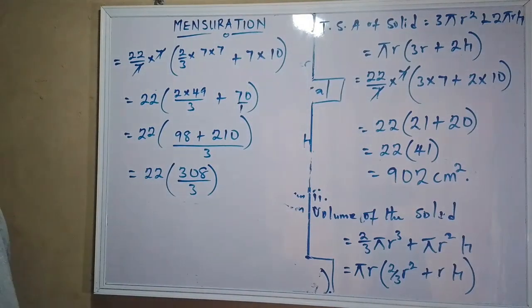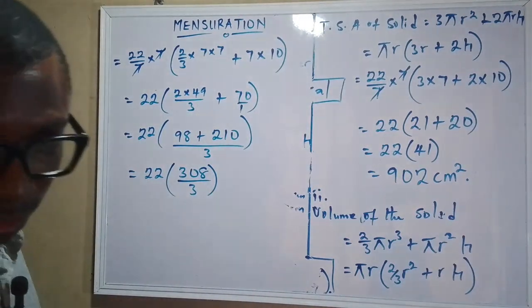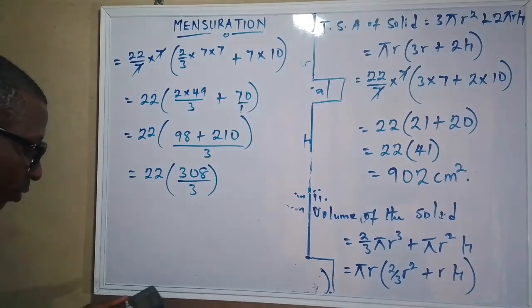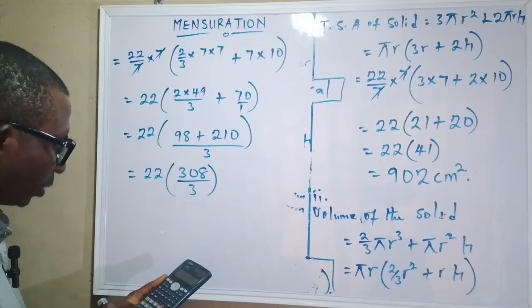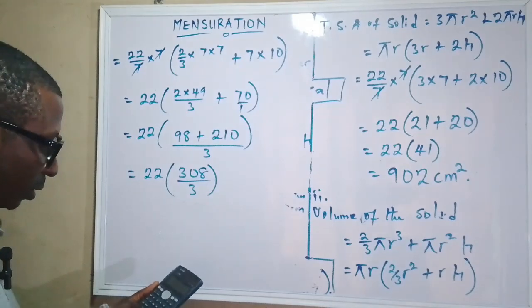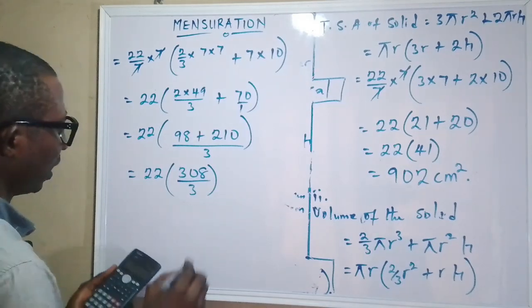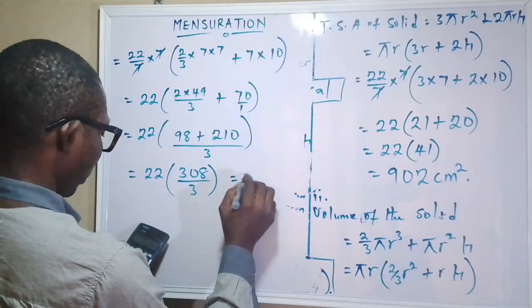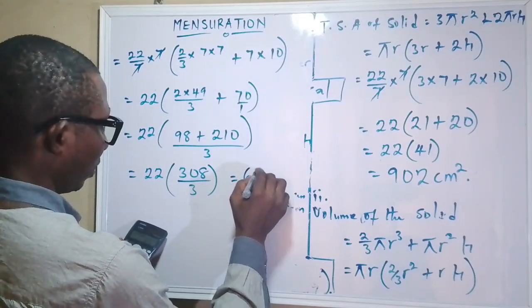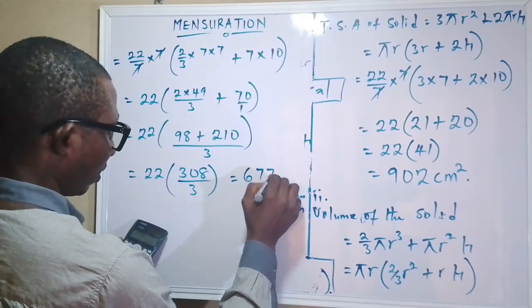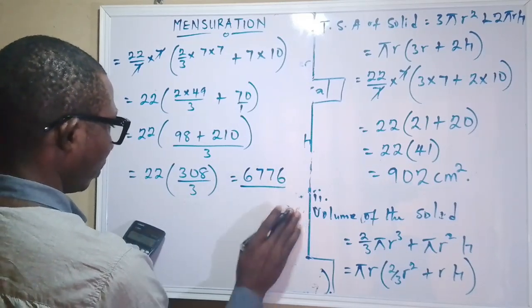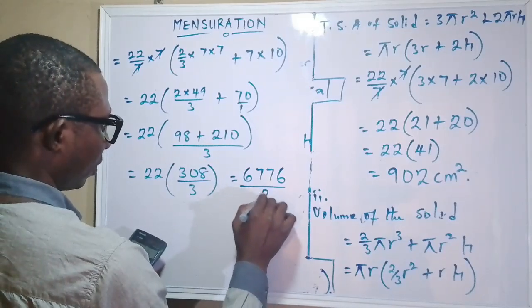From here you can do your multiplication. Now let's make use of the calculator. We have 22 times 308. That is going to give you 6,776 over 3.